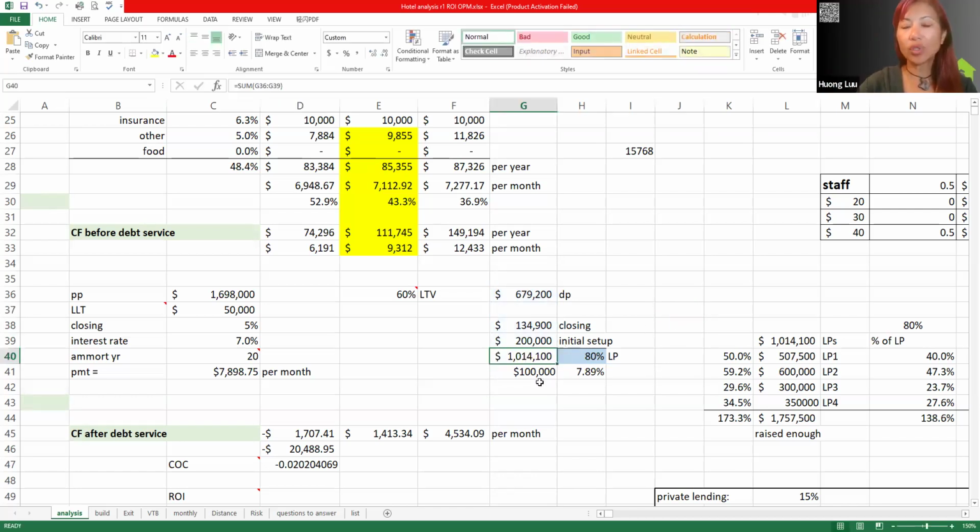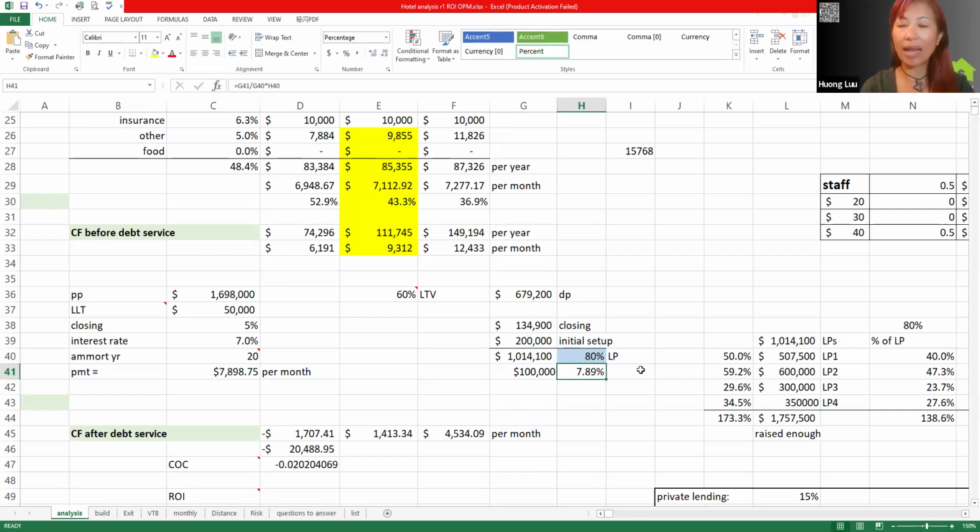If I was to bring in money partners and each person was to put in 100,000, each of those money partners would get about 7.89% if they were to only put in the 100,000. This calculation is based on the 100,000 divided by the total amount of cash that I need to execute on this opportunity, times whatever percentage of equity I'm going to be giving to my money partners.